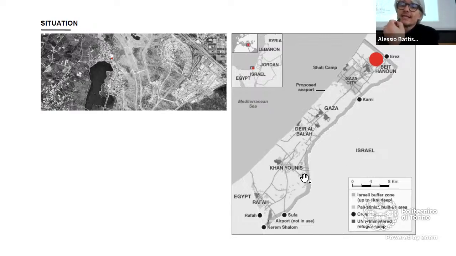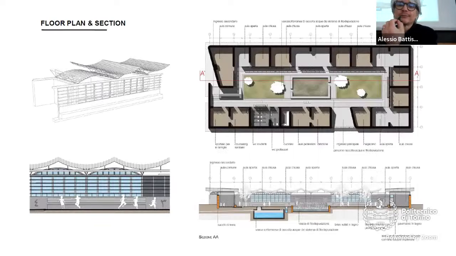As you know, Gaza is surrounded by a wall, so it's not so easy to enter Gaza. Gaza is also one of the places where we have had a war for years. The people that live in Gaza have been under stress for a huge amount of time.